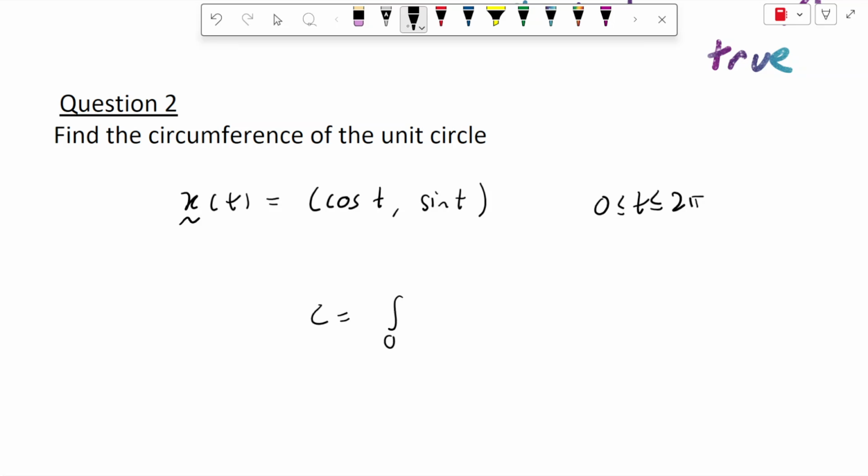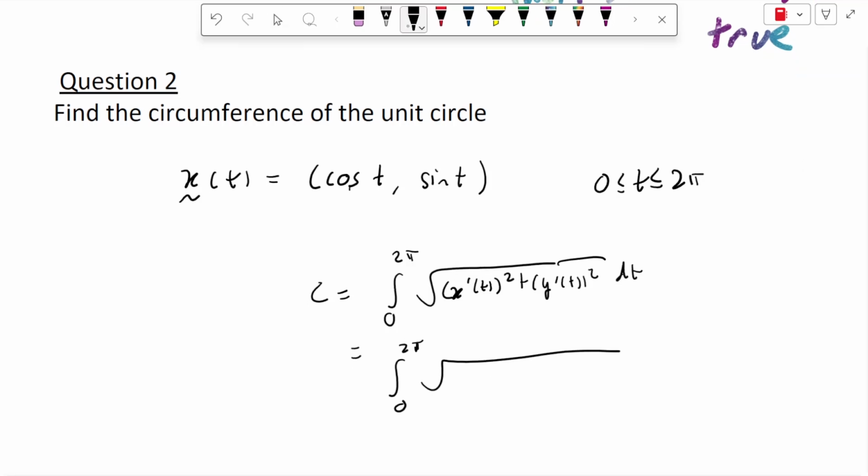So that'll be the integral from 0 to 2 pi of the square root of x dash of t squared plus y dash of t squared, dt. So x dash of t is minus sine t, square that. And y dash of t is cos t, and we have to square that.